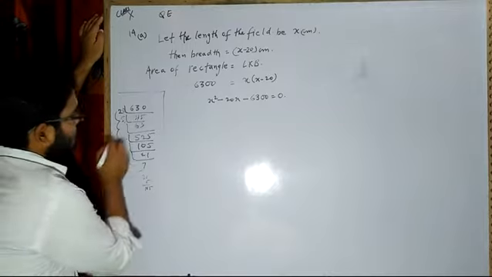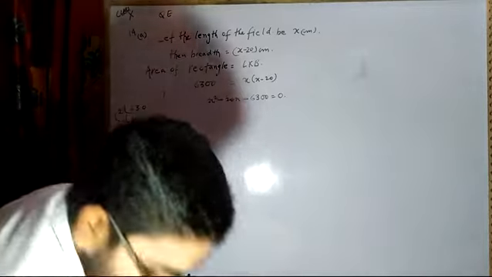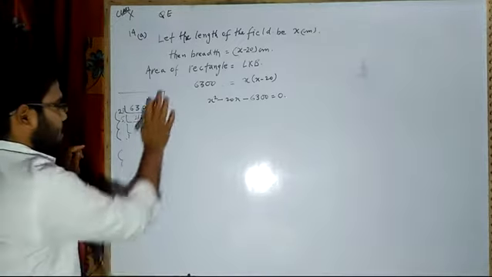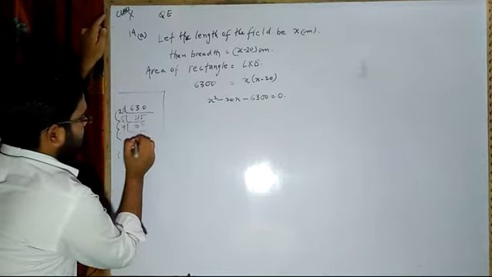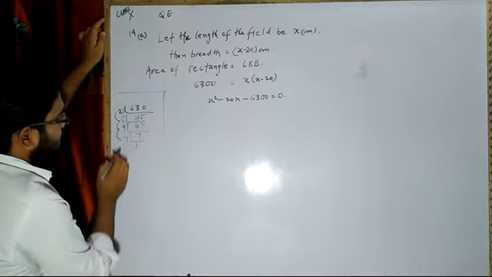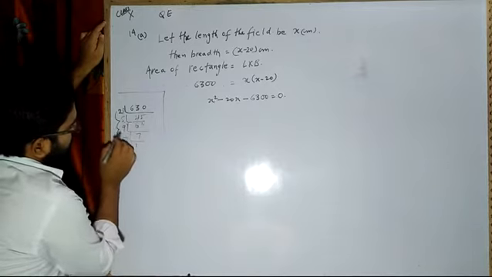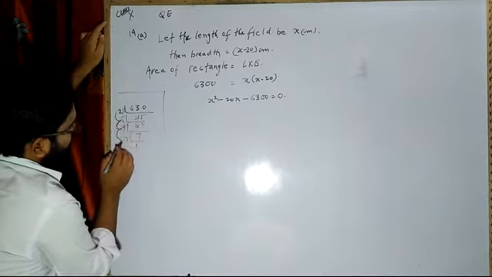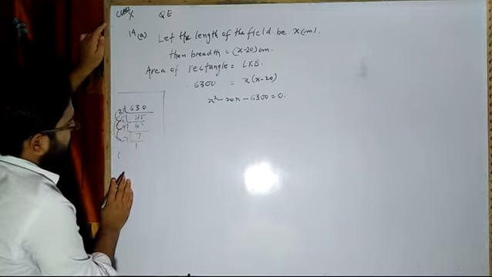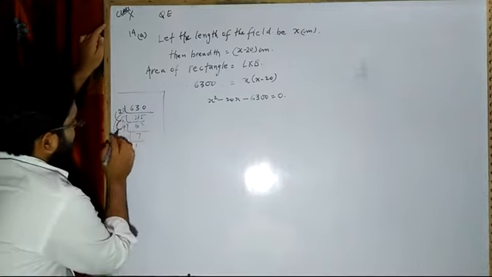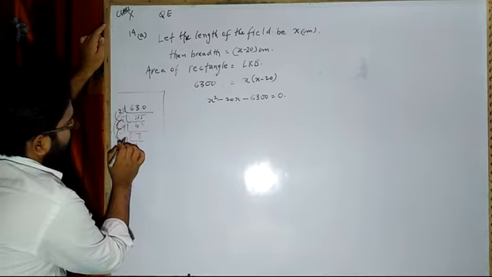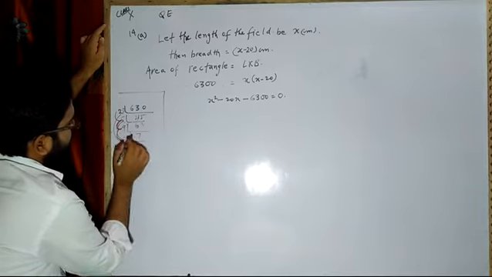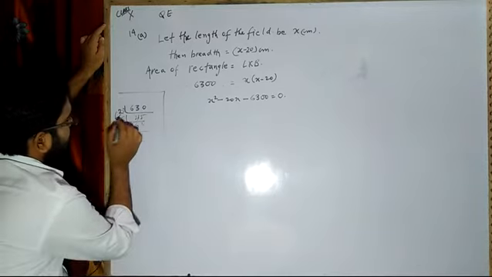Now 63 into 5, 63 into 5, 9 sevens are. Now 9 fives are 45 and 7 twos are 14. Not possible. So 9 fives are, or better we can do 7 fives are 35. No, not possible.